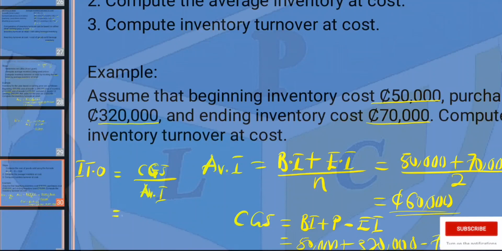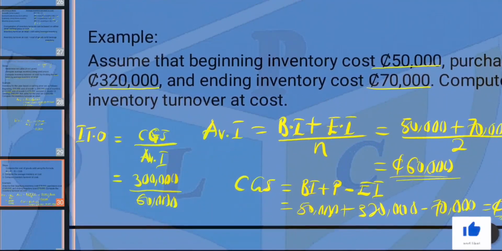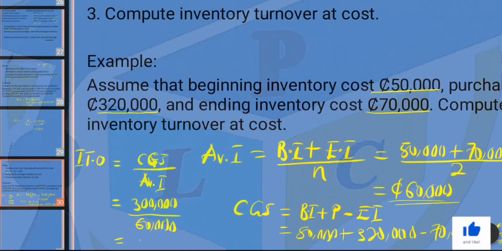So in that realm, I know my cost of goods sold was 300,000, and then divided by my average inventory of 60,000. So you ask yourself, how many times can you convert this inventory to sales? It's going to be 5 times. 300,000 divided by 60,000 is 5 times. So let's take note of that.